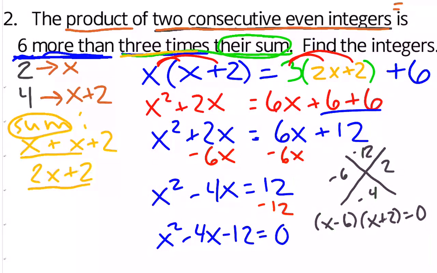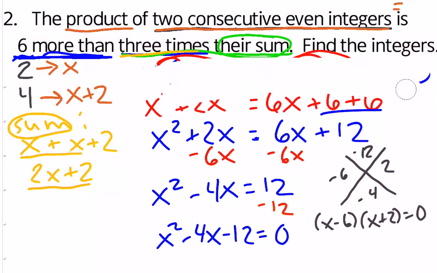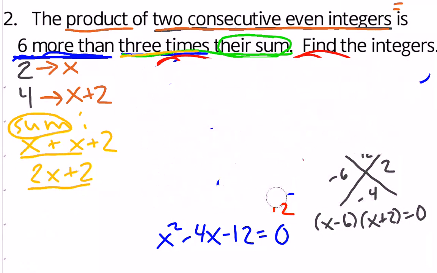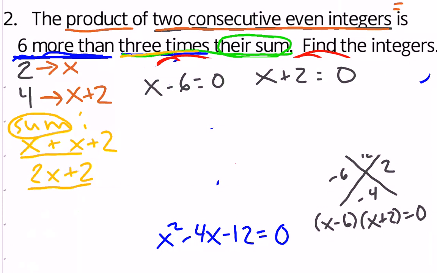And I'm going to clear most of this off so that I have some more space. Alright, so x minus 6 equals 0, x plus 2 equals 0. So that means my two options are x equals positive 6, x equals negative 2.